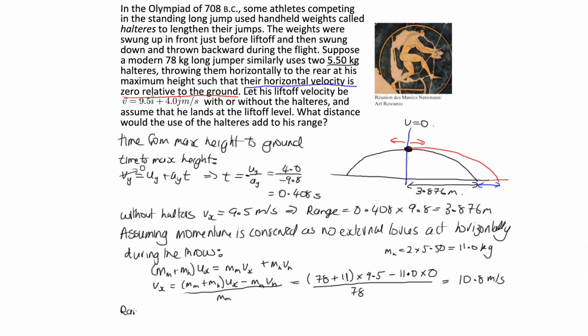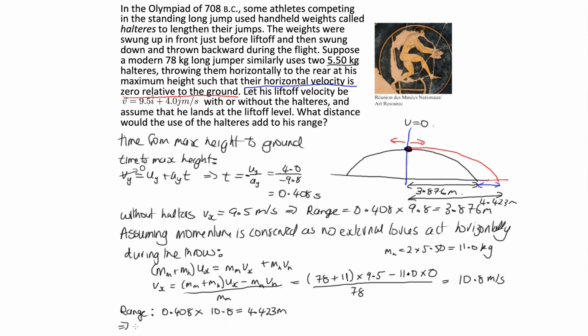So the range with the halters is equal to 0.408, the time, times 10.8. And this gives me 4.423 meters. So I now know that this distance is equal to 4.423 meters. But what I've been asked to calculate is this distance here, the difference between them.